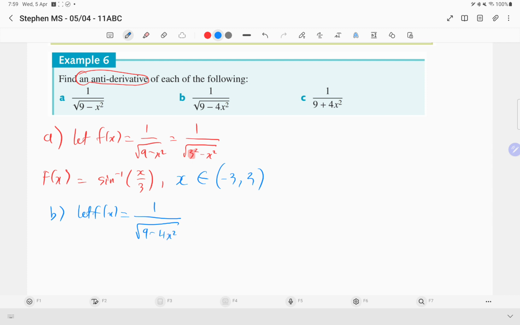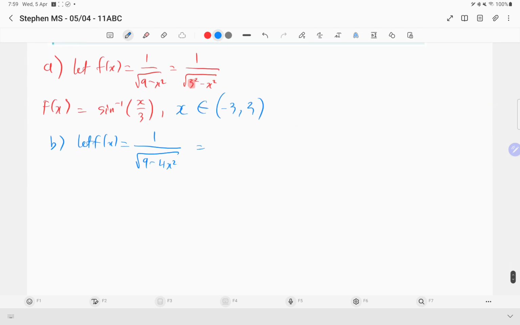As I said, the fraction algebra is what will get most people in this chapter. You do want to get rid of this, but how? You get rid of it by taking it out as a factor. If you take it out as a factor, it will be root 4 times what? What's left behind? Of course, this is going to be x squared, but what's left behind here?